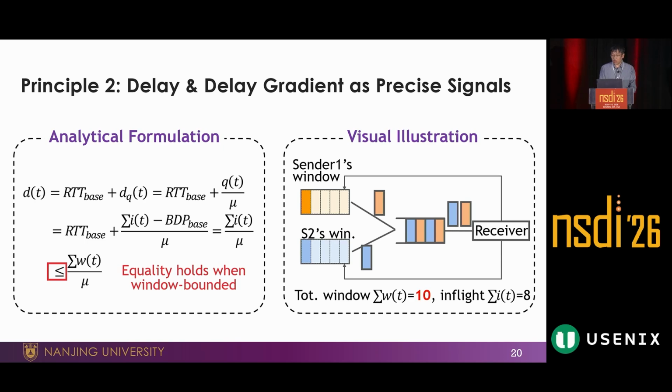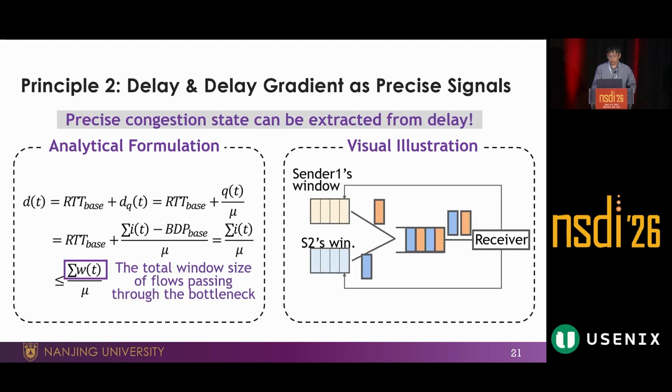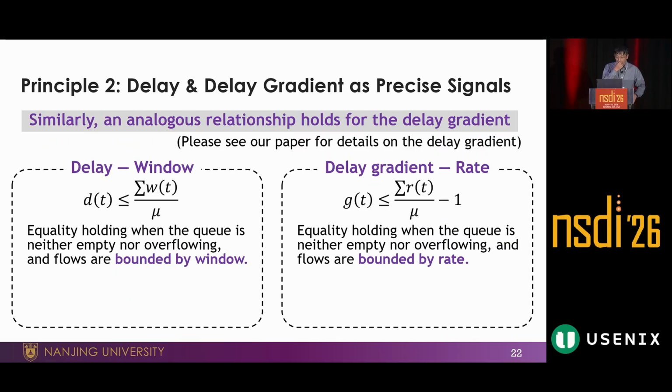If flows are not window bounded, the window size will be larger than the in-flight packet count. Therefore, under specific conditions, our delay can precisely reflect the aggregate window of all the flows through the bottleneck. We have a similar derivation in the paper, which I will skip here, showing that the delay gradient precisely reflects the total sending rate.